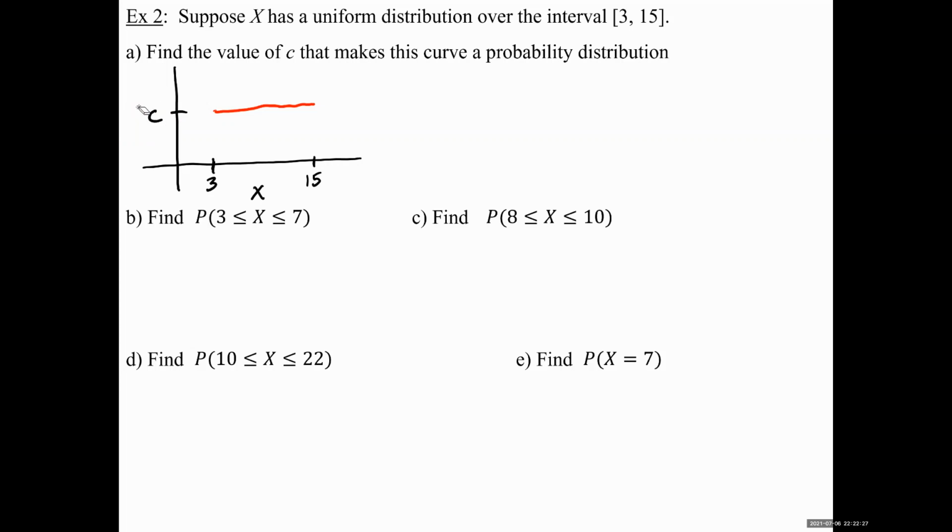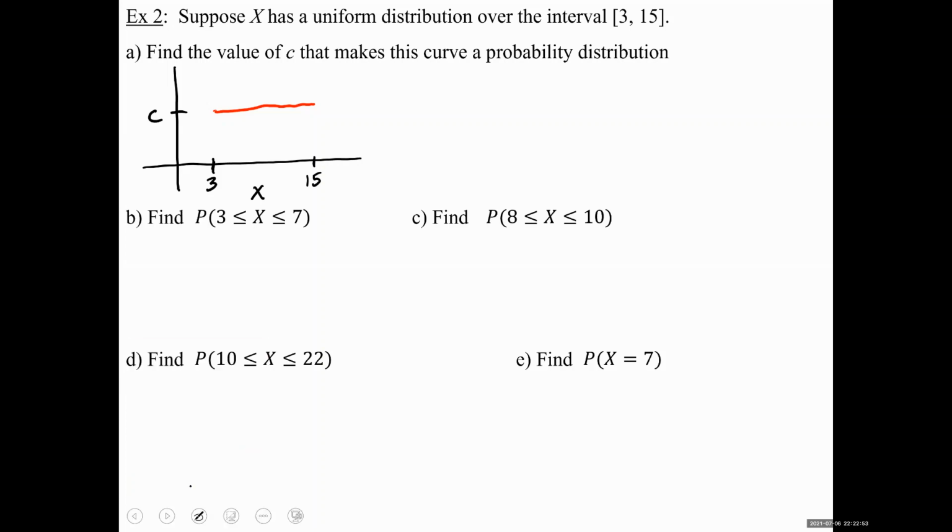And now to find the value of c that makes this a probability distribution, we're going to go through the 2 requirements. The first requirement for a probability distribution is the curve can be on or above the x-axis, can't go below. And as long as c ends up being a positive number, we're above the x-axis, so we don't need to worry so much about the first requirement. It's all about the second requirement. What was the second requirement? The second requirement for a probability distribution is the area under the entire curve has to equal 1.